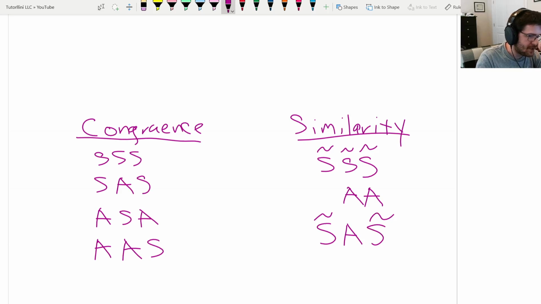I use a little tilde on top to denote that those pairs of sides are proportional, not equal. So again, I don't want to call them both SSS and then you think I'm talking about the same one. It's just a little stylistic thing that I do to make it less confusing, I hope.